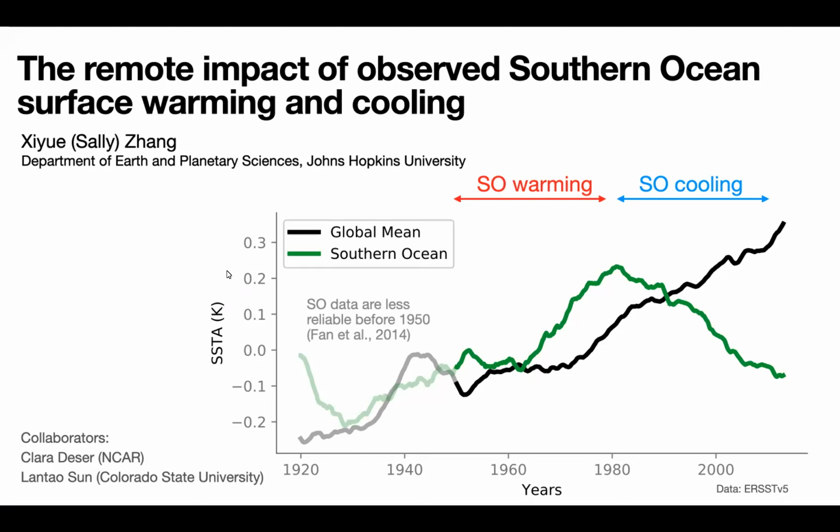Despite global warming for the last 60, 70 years or so, the Southern Ocean actually displayed two different phases. There's a warming phase since 1950 to the end of the 1970s, and then a cooling phase followed by that warming phase.